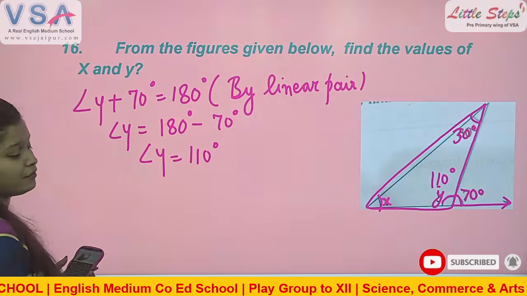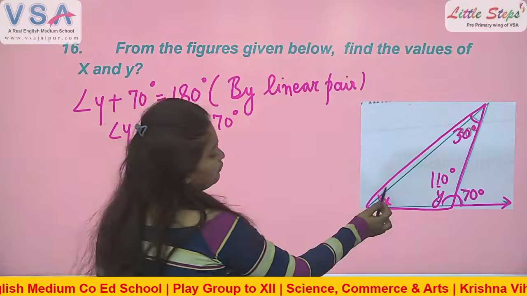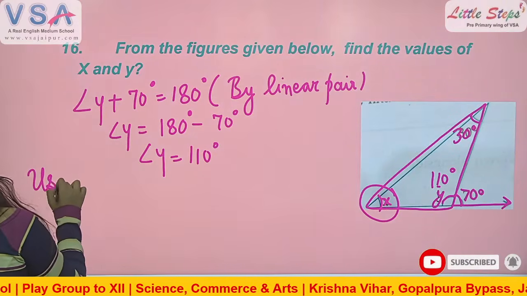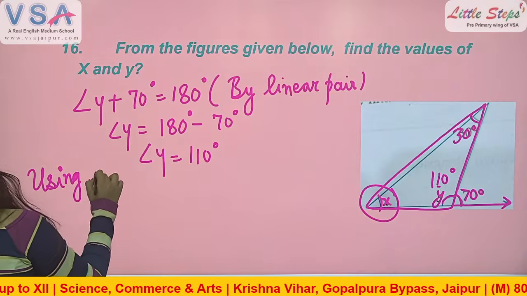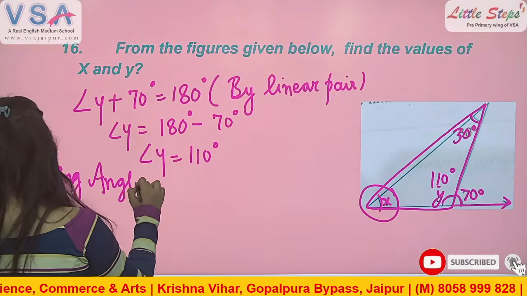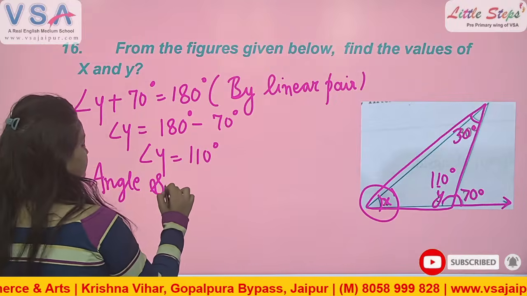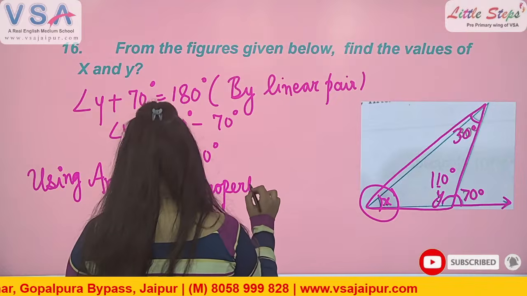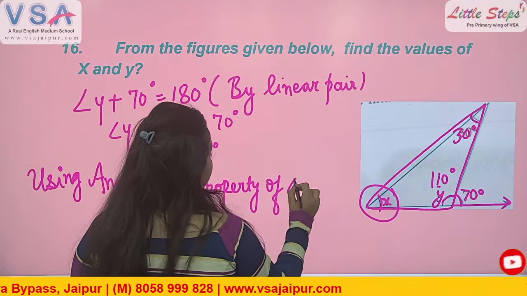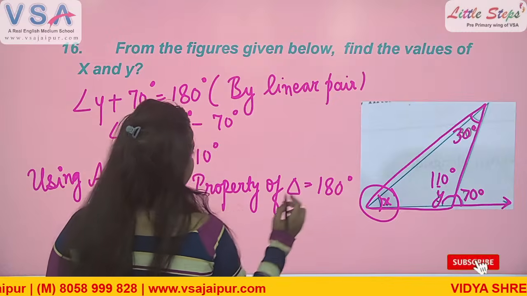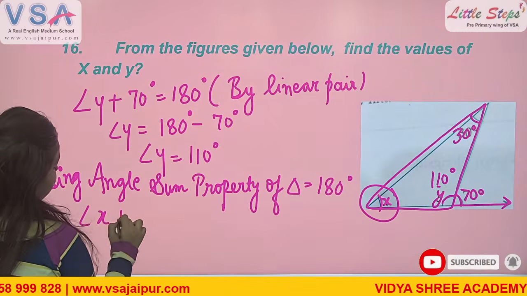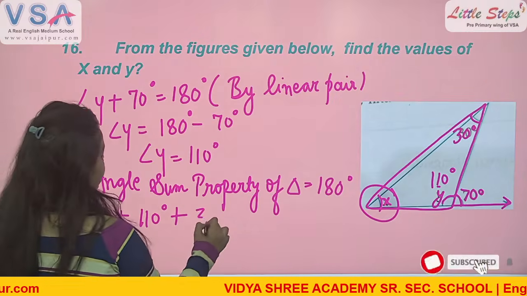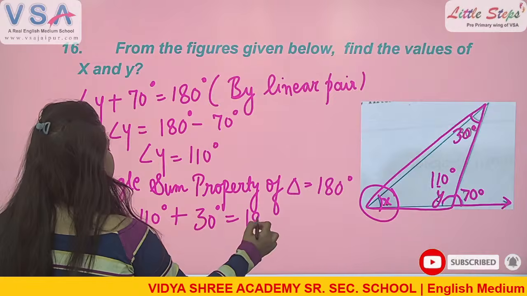Again, in the case of triangle, we need to find out this value of x. So angle sum property of triangle use करेंगे हम again. Angle sum property of triangle is equals to 180 degree. We have angle x plus 110 degree, जो angle y की वैल्यू हमने just निकाली है, and we have 30 degree is equals to 180 degree.